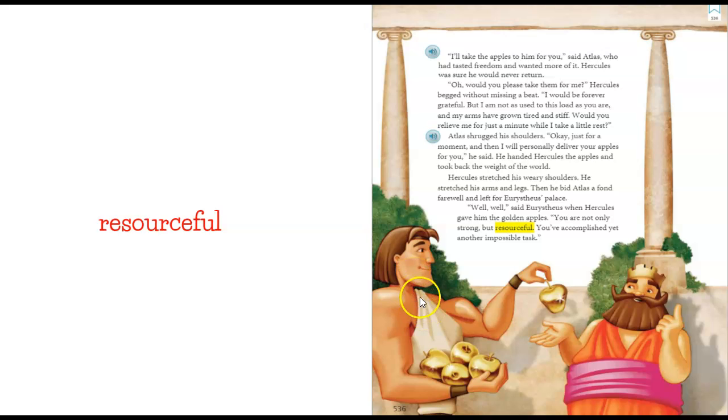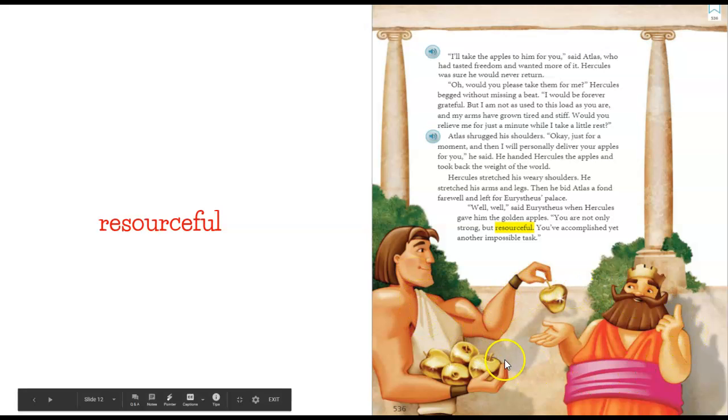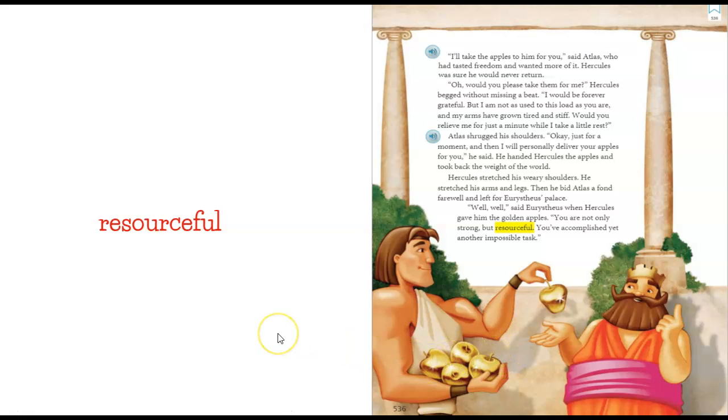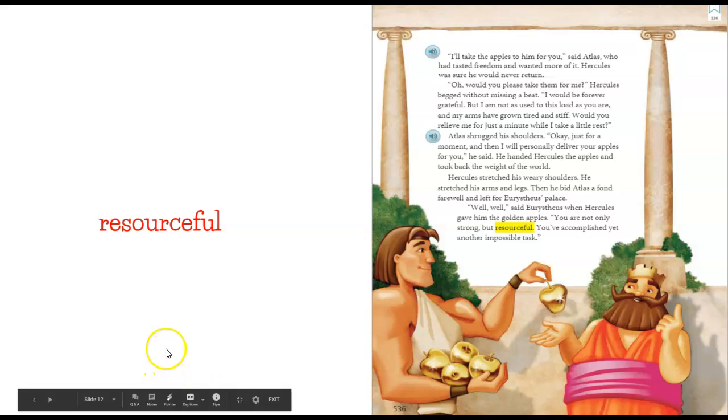And this time I actually have pictures, so maybe there's something in the picture I could circle today on this one. So again, you are highlighting words that help you understand the meaning of the word resourceful or coerced or unfortunate. And then you're also going to circle things in the picture that might help you understand it. Good luck today.